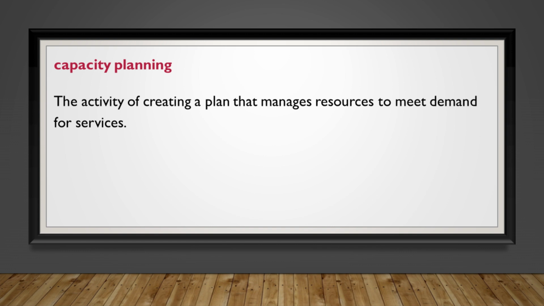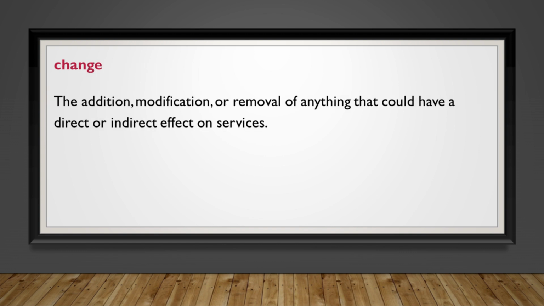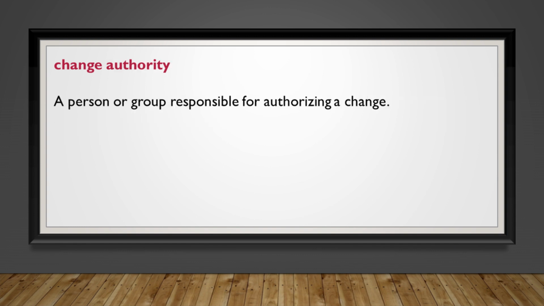Capacity planning. The activity of creating a plan that manages resources to meet demand for services. Change. The addition, modification, or removal of anything that could have a direct or indirect effect on services. Change authority. A person or group responsible for authorizing a change.